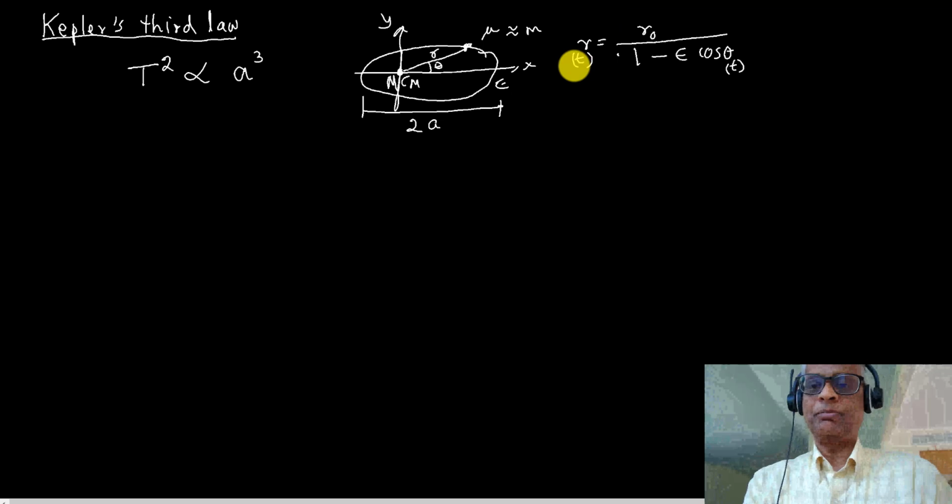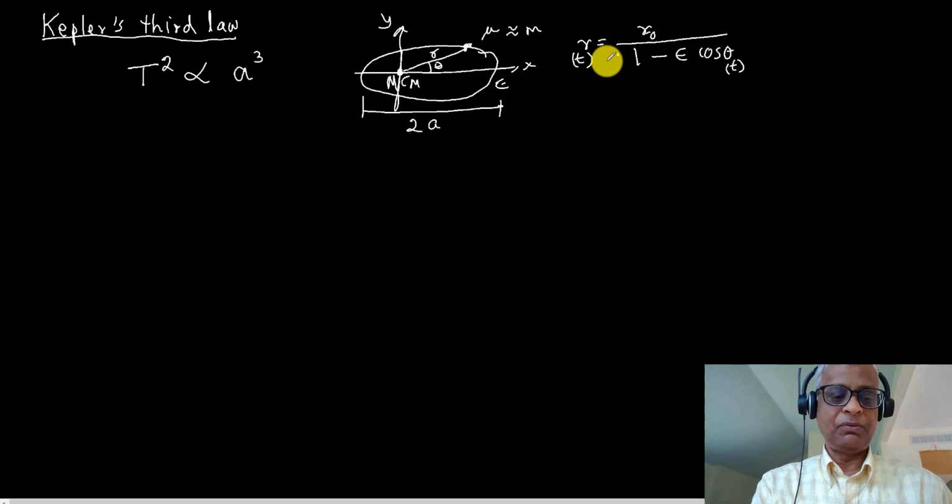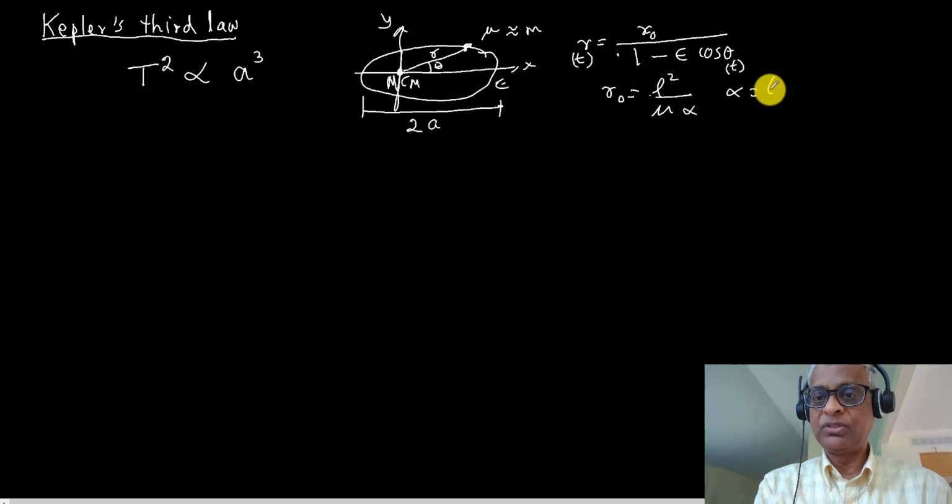And there are r0 and epsilon related to angular momentum, and that was given as follows. So r0 is L square over mu times alpha, where alpha equals G times M times mu.